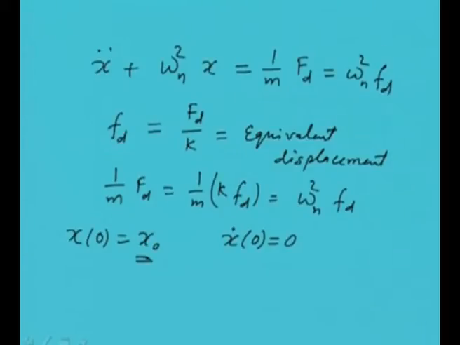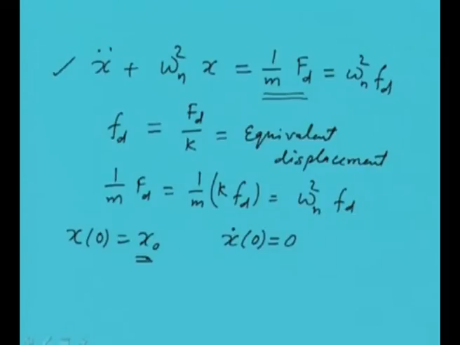That is why we are solving this equation. For this particular case, we can see that this equation has one static part, and because of this force we can analyze this system.